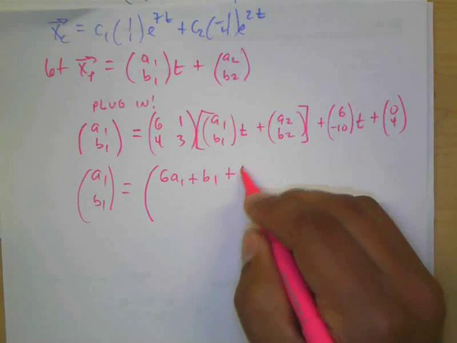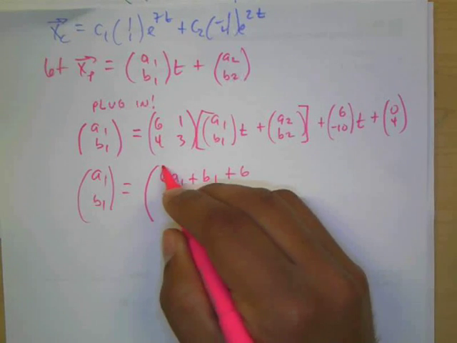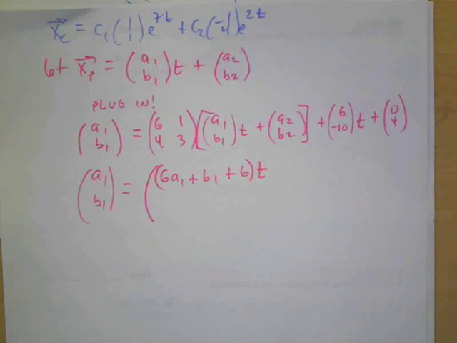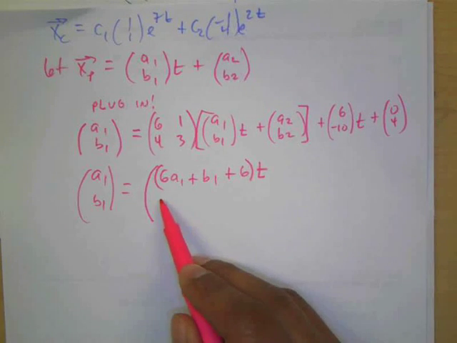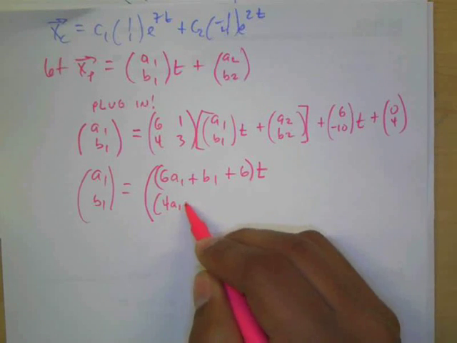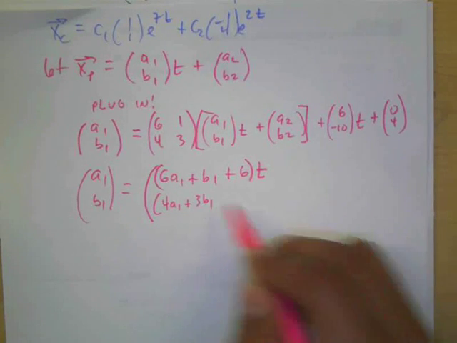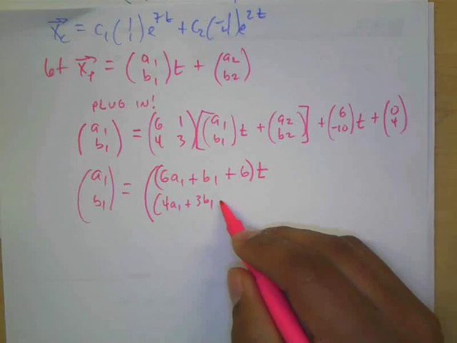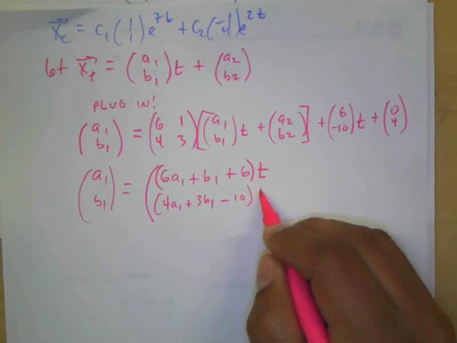So I'm going to squeeze that in now. You guys see how I'm getting that? Okay. And I'll do the same with the bottom row. That's 4a1 plus 3b1, and then if I follow the bottom row along, I have a minus 10t as well.